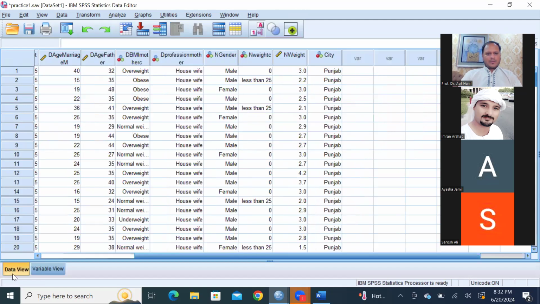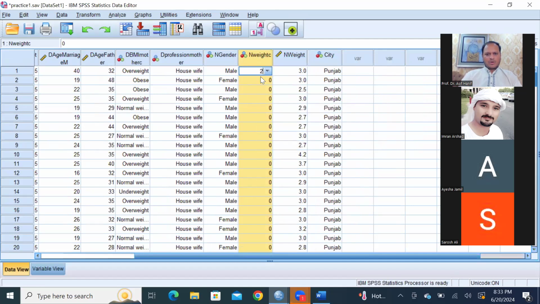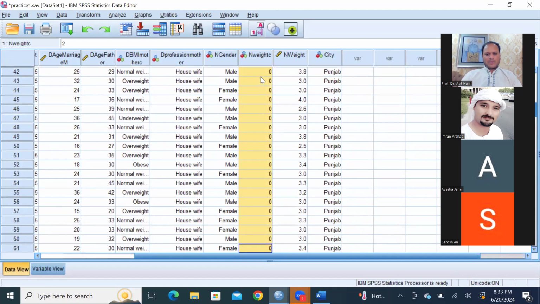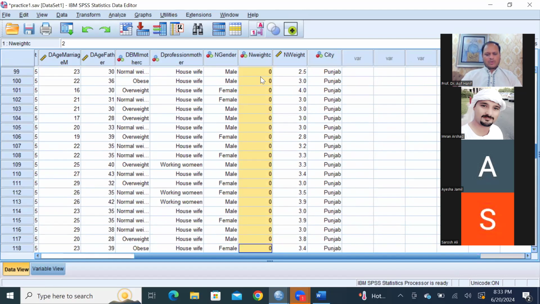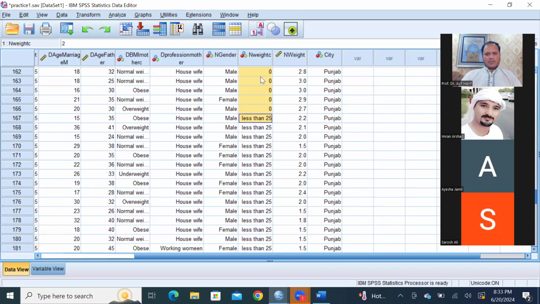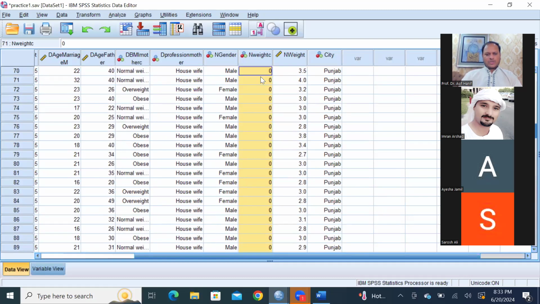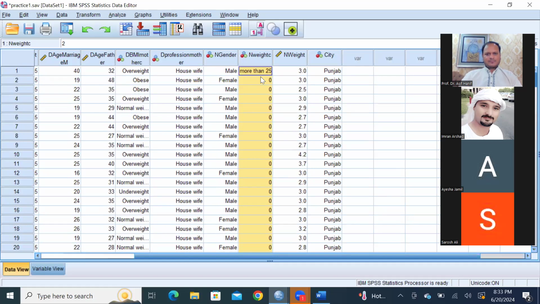Here what I will do, I will just replace all the zeros with 2. I have just recoded my data in order to calculate odds ratio. If you are working on a single sheet, you have to make other variables, or you can generate another sheet to calculate odds ratio in this case.